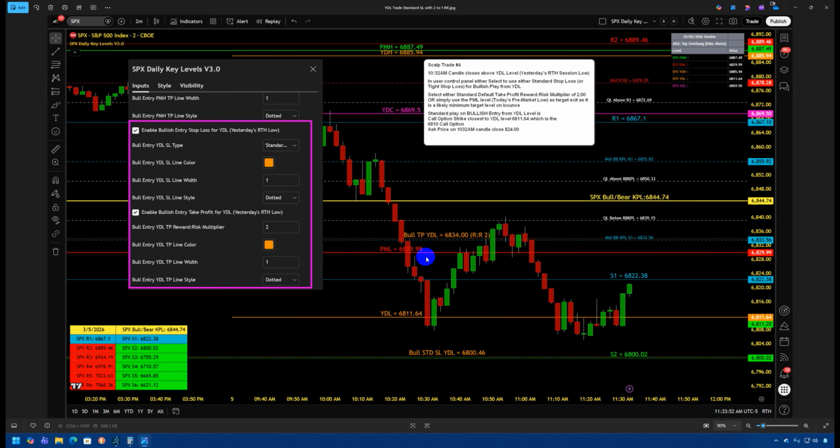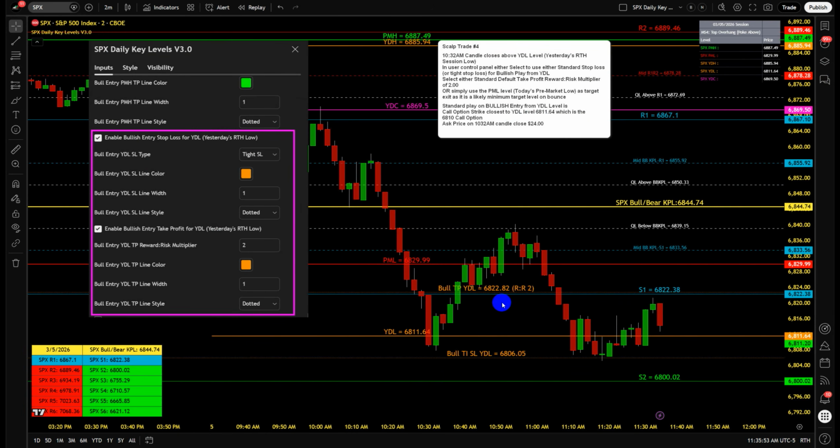If you're using the standard, 1.5 would be somewhere in here, below the PML. On the tight stop loss, the PML would be more probably of a 3-to-1 reward risk here, going back up to the PML.